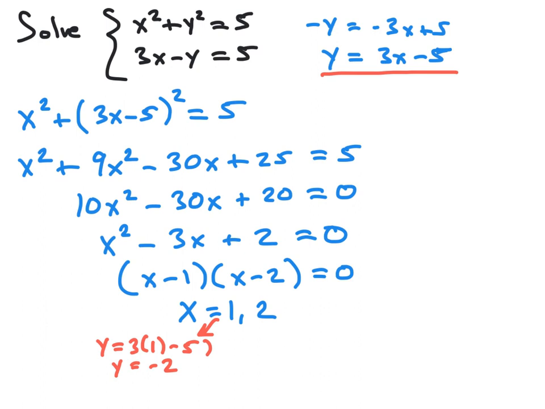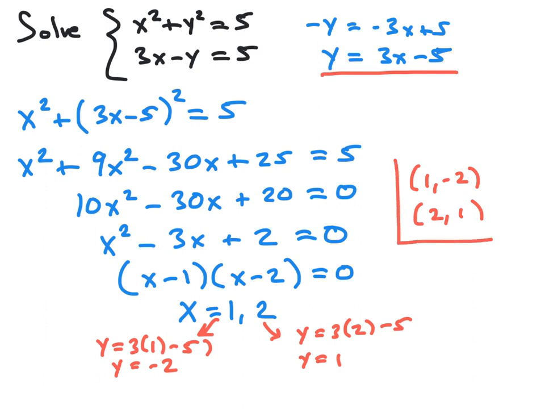And when x is 2, we get y equals 3 times 2 minus 5, which is y equal 1. And so here we end up with two solutions again. We end up with the point (1, negative 2) and the point (2, 1). So these are our two solutions to this particular system.